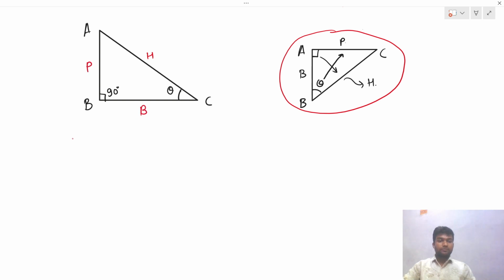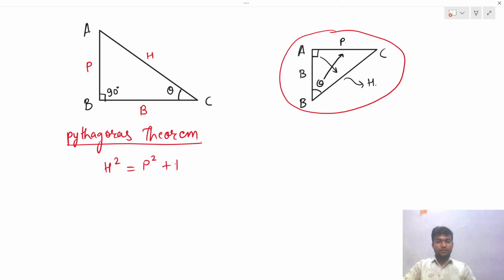So the Pythagoras theorem says that the square of the hypotenuse is equal to the sum of the squares of the perpendicular and the base.